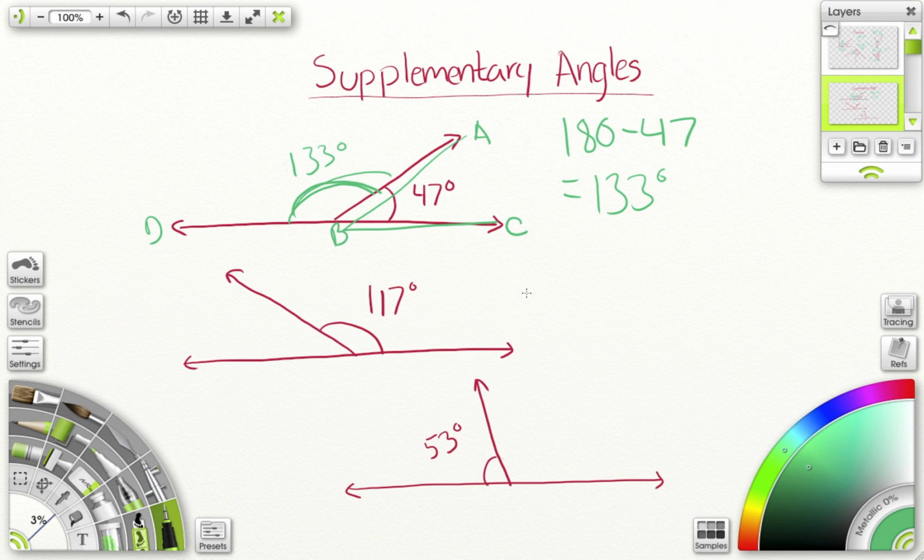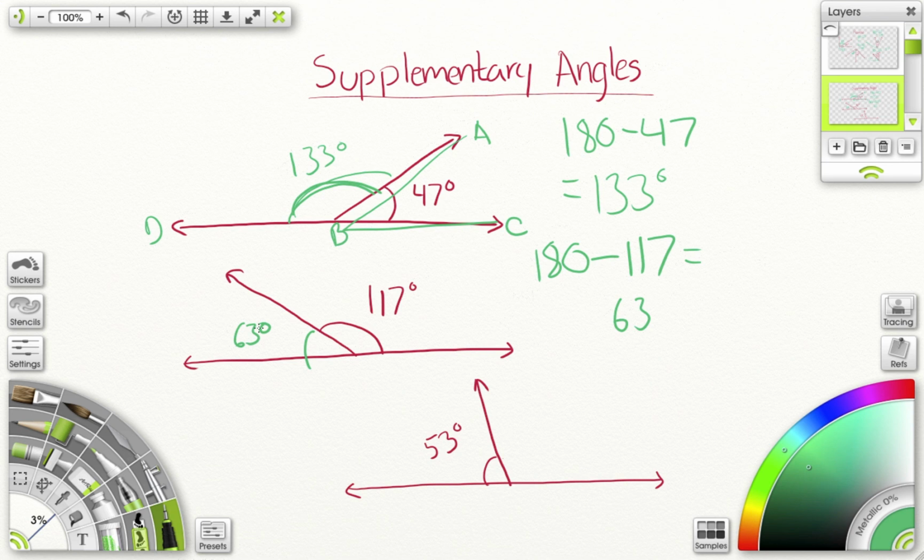So let's find the supplement of 117. To find the supplement of 117, I take 180 minus 117, and that will give me my missing angle, which in this case is 63. So the supplement to 117 is 63 degrees, because 63 and 117 equal 180.